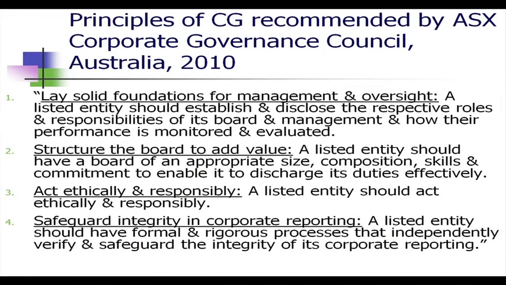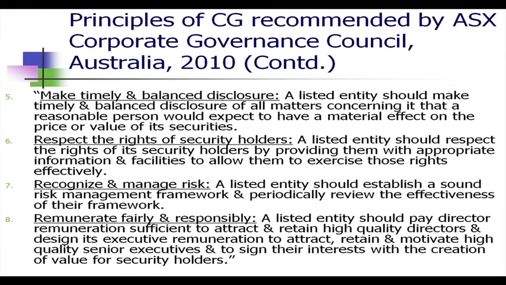When we talk about ethical reporting, we report what we have done as truly and as factually correct as possible, which means we must do things in a correct manner, in the right manner. So safeguard integrity in corporate reporting. A listed entity should have formal and rigorous processes that independently verify and safeguard the integrity of its corporate reporting.